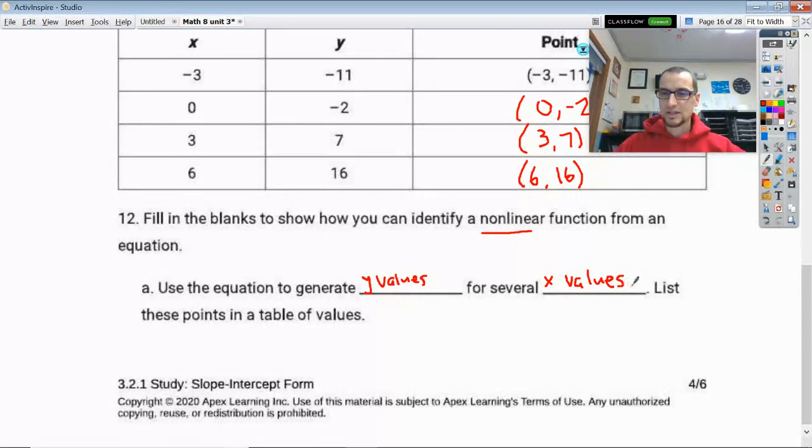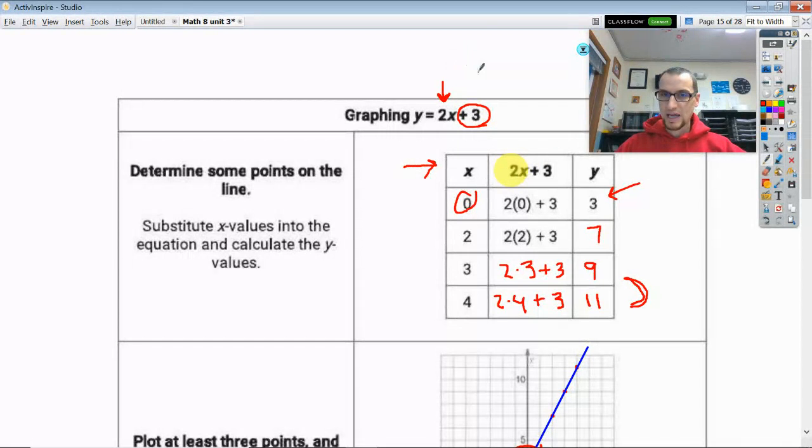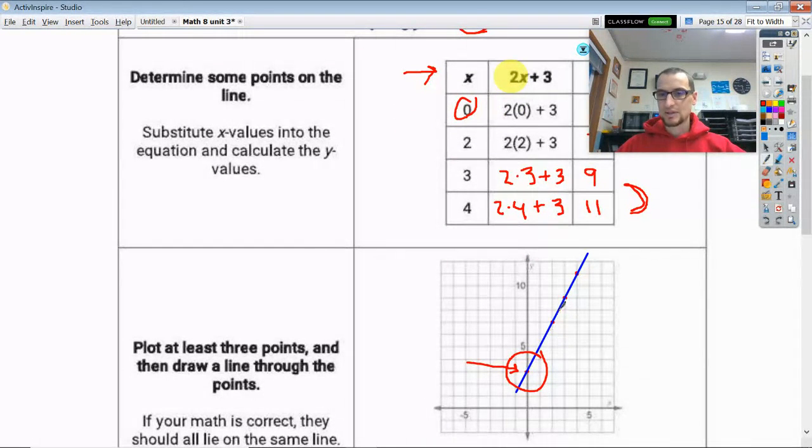So this looks a little bit like this section in the study guide here, where we had some x values, we had an equation, and then we substituted the x value into the equation to generate the y value. In this example, it was a linear equation.